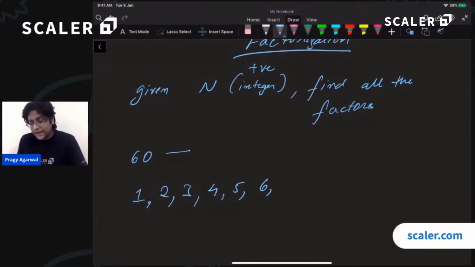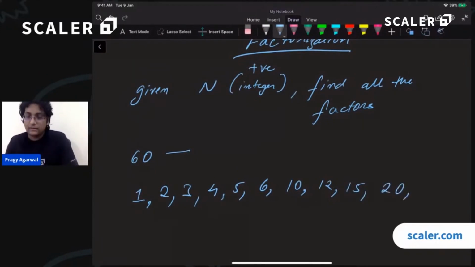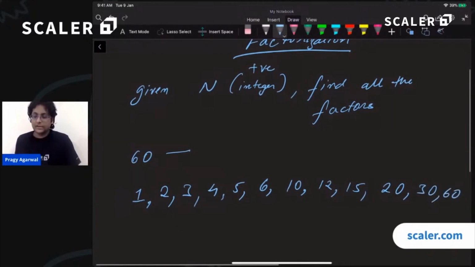Now 8 also does not divide 60. Neither does 9. 10 does. 10 definitely divides 60. After that, what numbers do we have? We have 12. Then we have 15. Then we have 20. What more? We have 30 and 60. So these are all the different factors of 60.